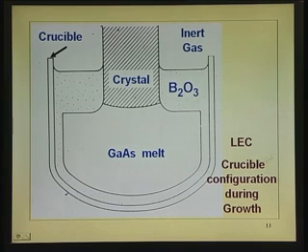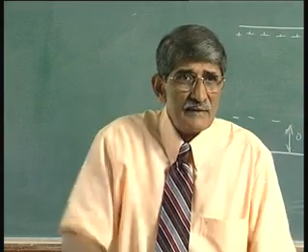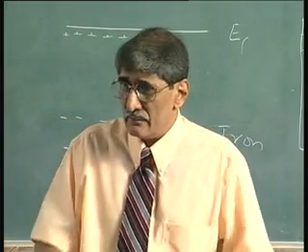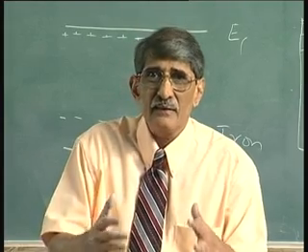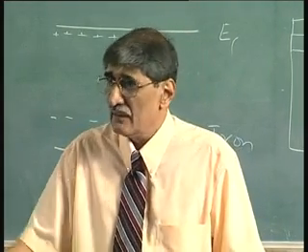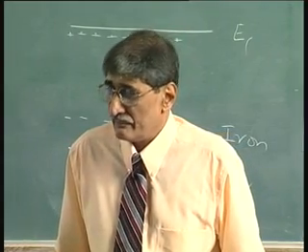Gallium arsenide melt and the seed crystal dipped into it and then pulled gradually, rotated. Today you can grow 3-inch to 4-inch rods of gallium arsenide. That means you can have wafers of 3-inch, 4-inch diameter comfortably, which are semi-insulating.